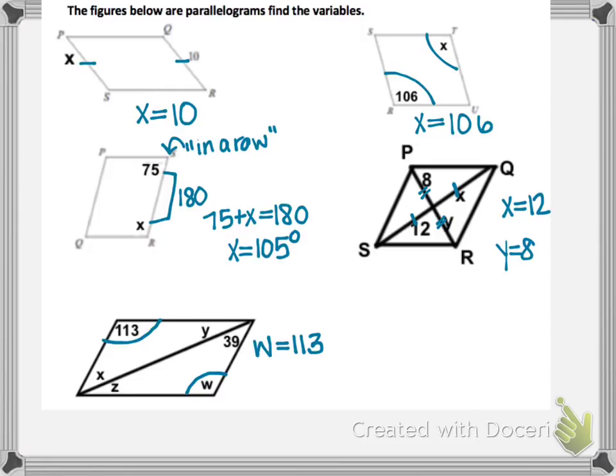Now, we're going to go back to something we talked about a long time ago. So right here, we know that since it's a parallelogram, opposite sides are parallel, right? So when I have these two parallel lines, and then that line through the middle of the parallelogram is our transversal, I have alternate interior angles.